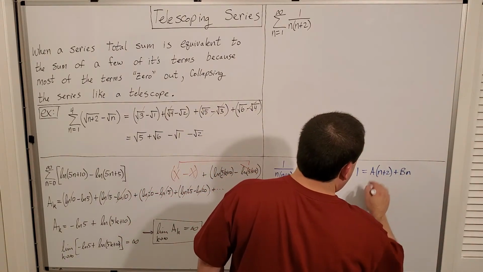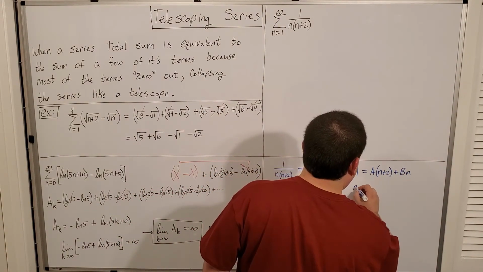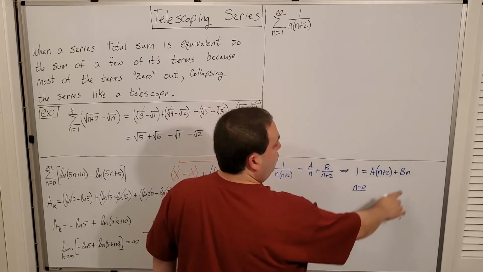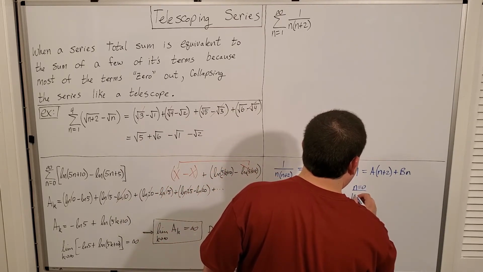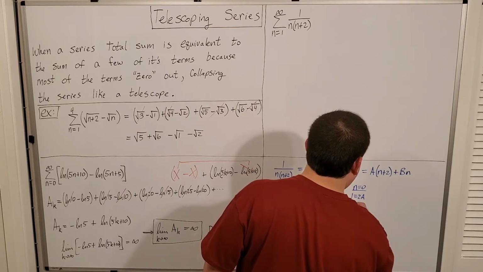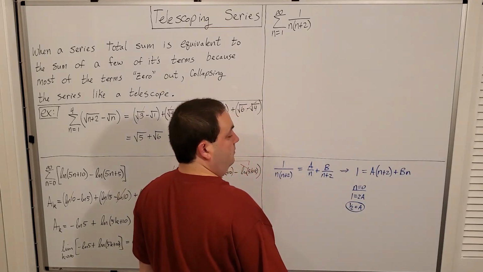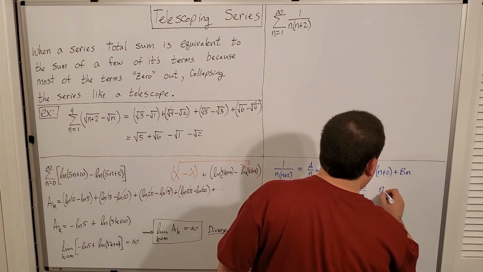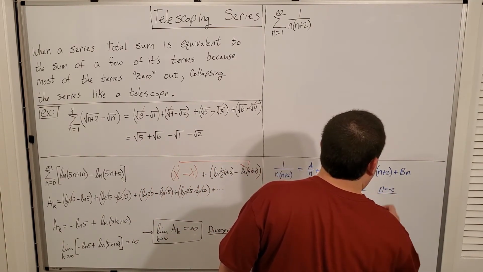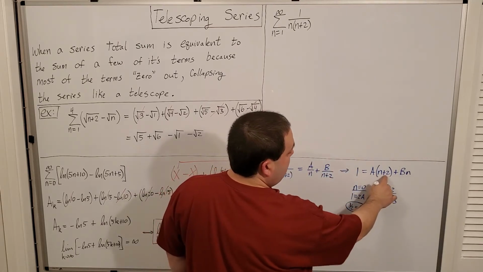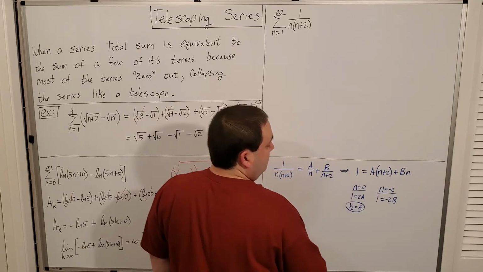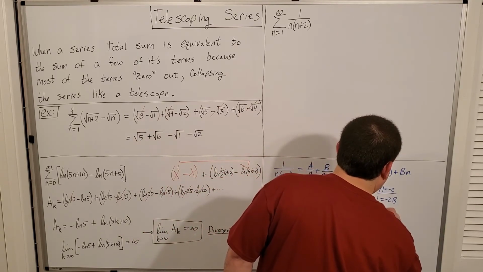So then from here, I'll do my little plugins. When n is 0, I have that 1 equals 2a, or in other words, 1/2 is a. Next, if I let n equal -2, I'll have that 1 is equal to -2 times b, because this will 0 out, which tells me that -1/2 is equal to b.